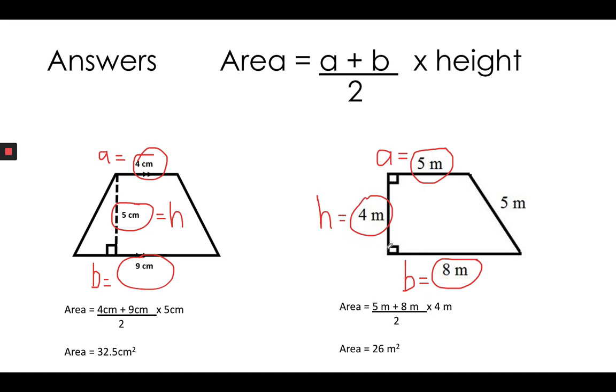Even though the side is 4 meters, that is still the height, because if we were to draw the distance between A and B, the height would still be 4 meters. That's why it is 4 meters over here. Once you calculate these, you find that you are left with 26 meters squared again.